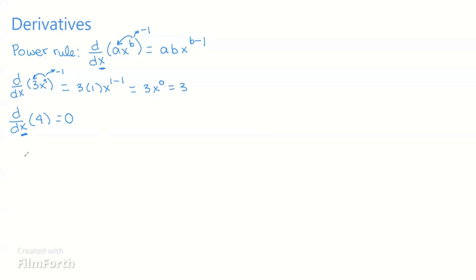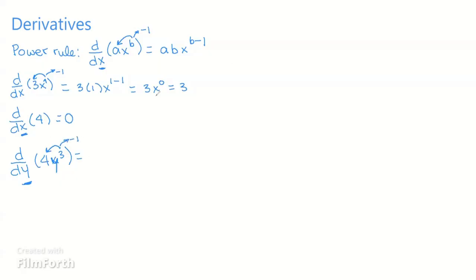We can do this for all kinds of variables. If we wanted to say y, the derivative with respect to y of something like 4x. No, let's do y first. For y cubed, we do exactly the same thing as we would do with x. Now this is saying that y is the variable we want to differentiate. So we have 3, take it down and multiply it, and then subtract 1 from the exponent.